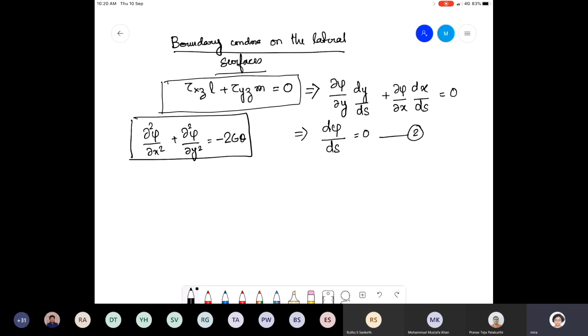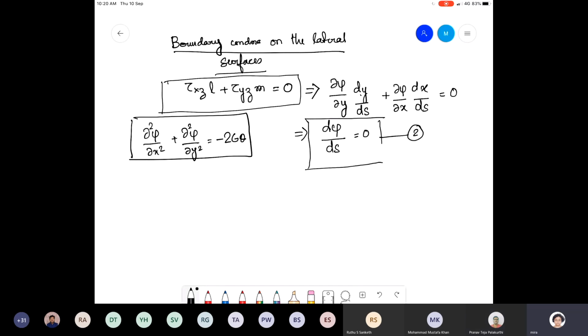So for this boundary condition, tau xz can be written as del phi by del y, l we have seen is dy by ds from the figure that I have drawn, and tau yz is del phi by del x, and m is equal to dx by ds. This can therefore be written as d phi by ds. Now, what does this expression mean?